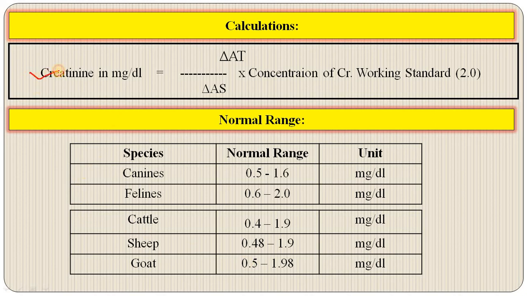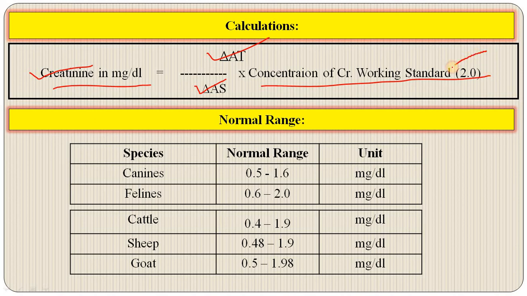Calculation formula is like this: serum creatinine concentration in milligram per deciliter is equal to absorbance of test divided by absorbance of standard multiplied by concentration of creatinine working standard. As it is the working standard, its concentration strength is known to us.